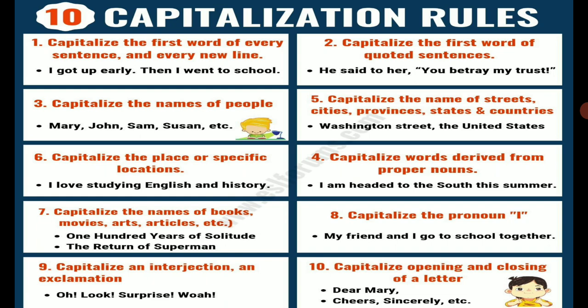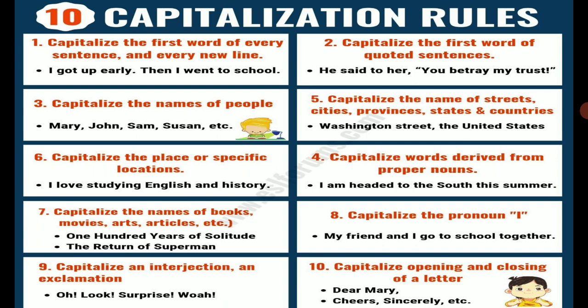When we are talking about a particular place, at that time we use the first letter capital. Capitalize words derived from proper nouns. Next rule is capitalize the names of books, movies, arts, articles, etc. In these cases also we write the first letter in capital form.